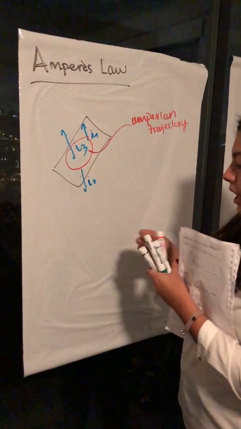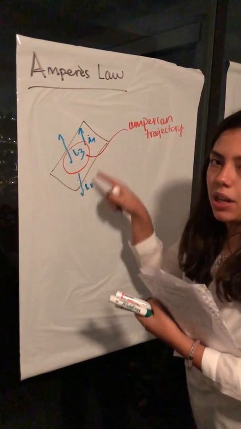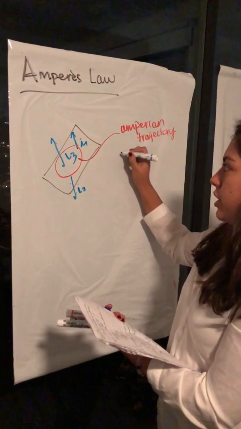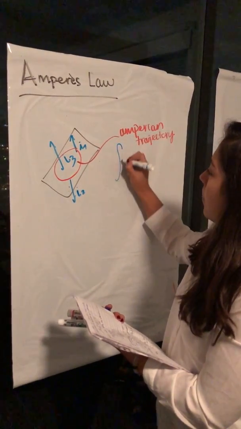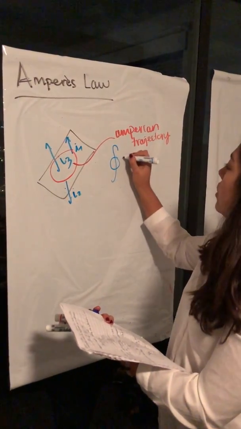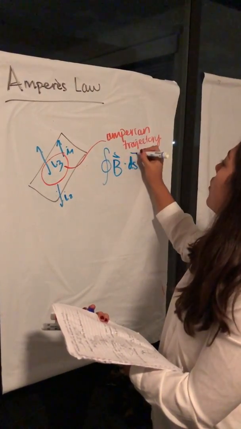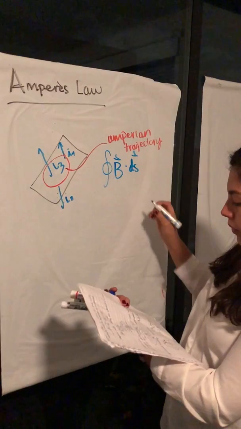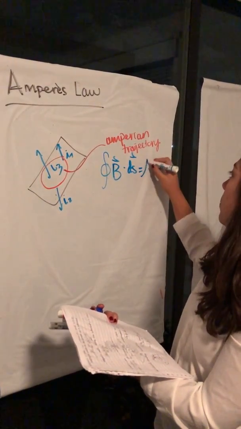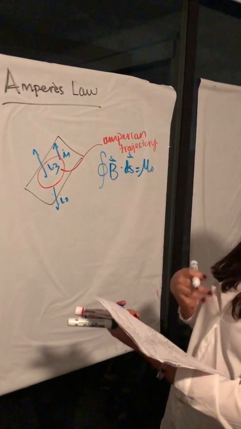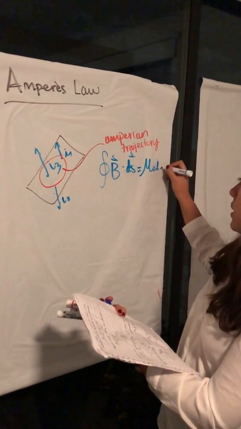So we would make an analysis of what is happening inside of the Amperian trajectory. That would be given by the closed integral of the magnetic field times the differential length vector that we've already talked about, and that would be the permeability times the enclosed current.